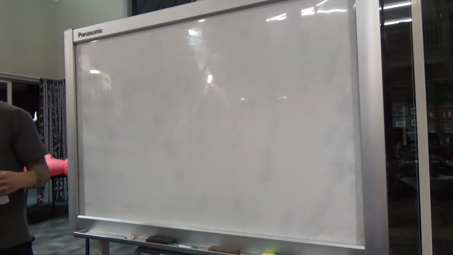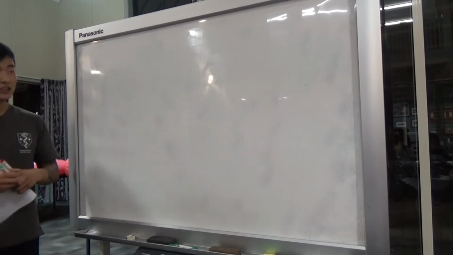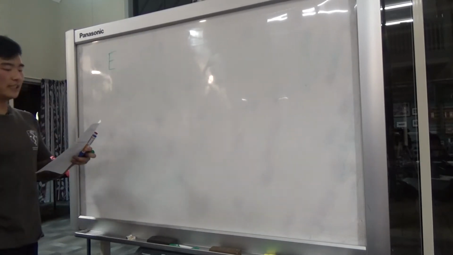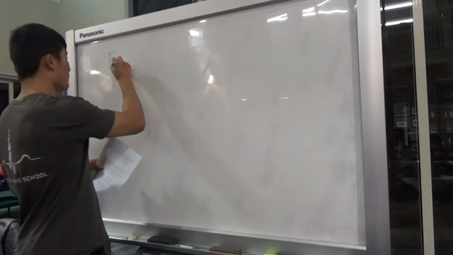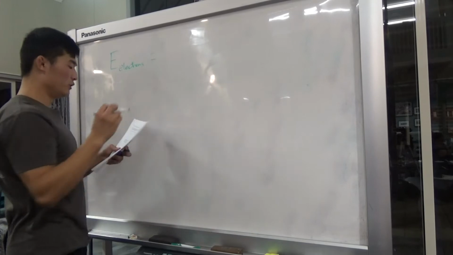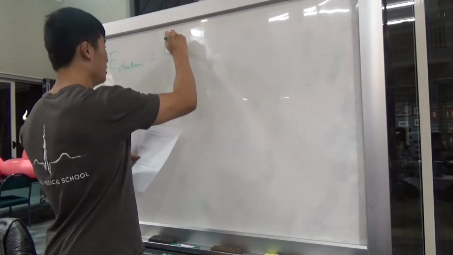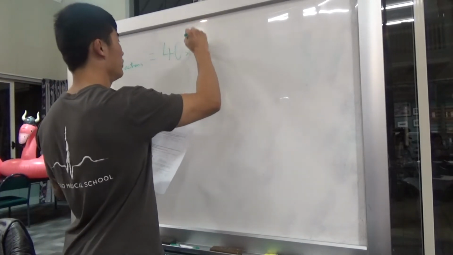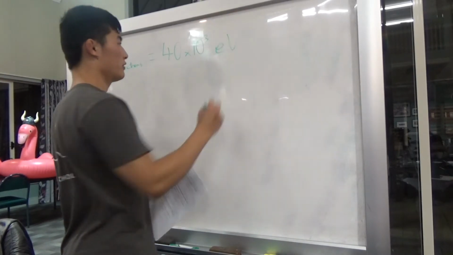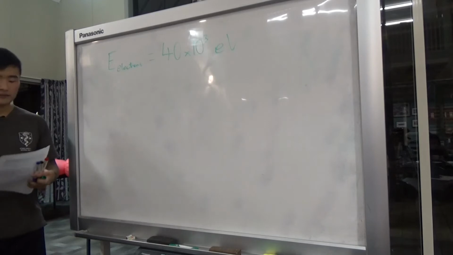If it's got an E in it, that's electron volts. So the energy of these electrons is equal to 40 kilo, which is 40,000, so 40 times 10 to the 3 electron volts.